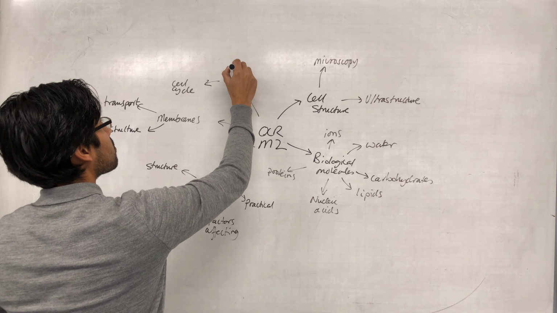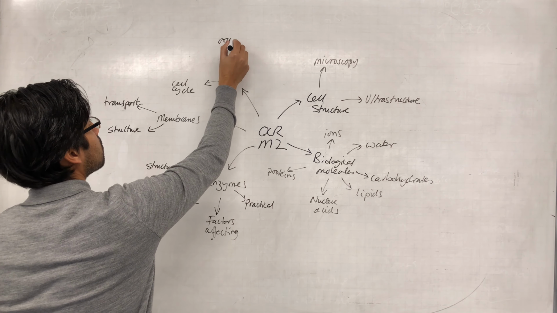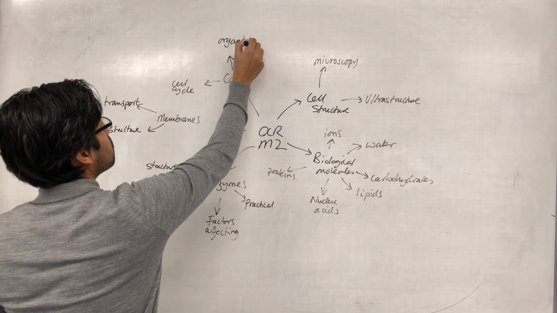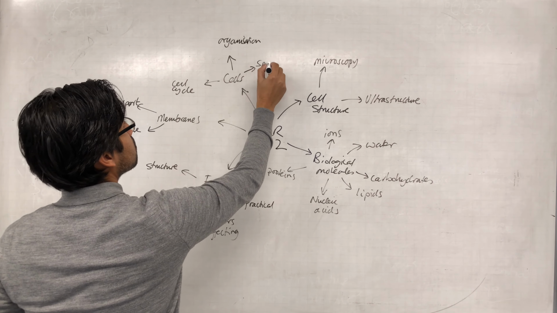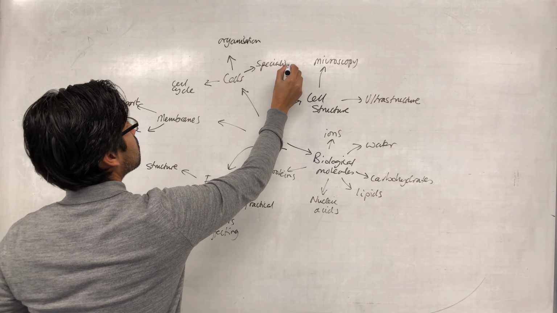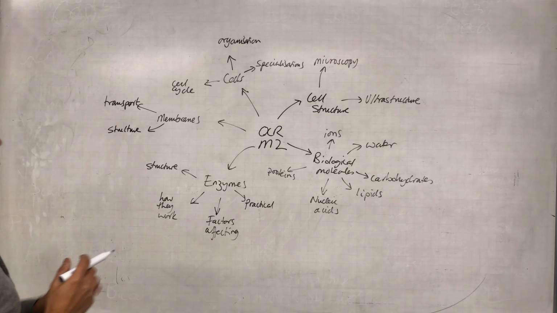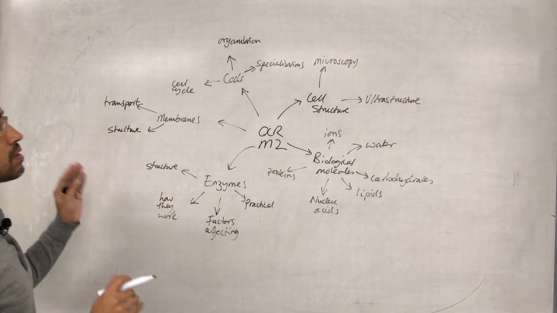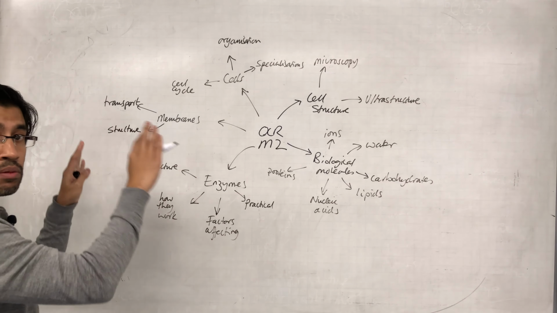So we got cells, and then we have the organization of cells into tissues, etc. And then we also have specializations. Cell specializations. So this is the entirety of Module 2 in a broad sense.